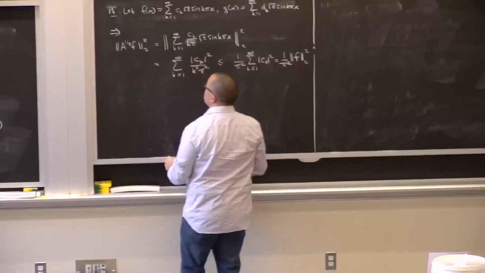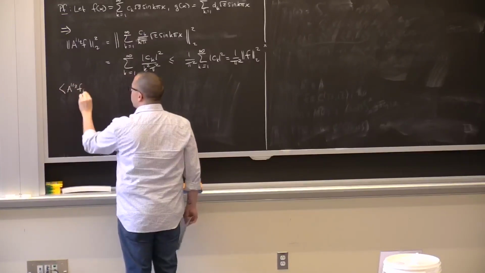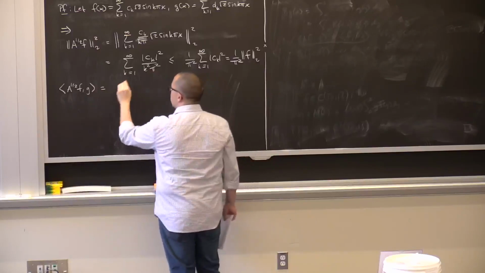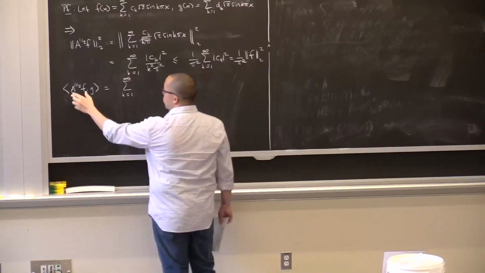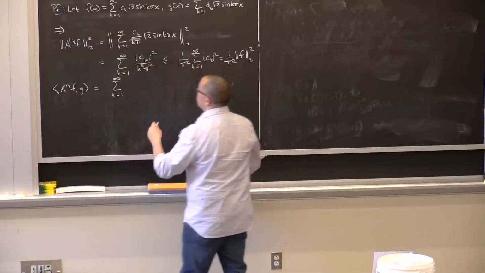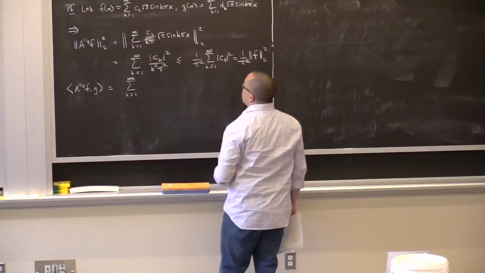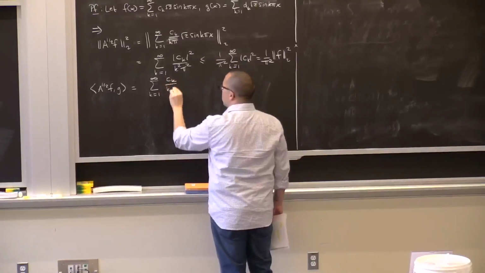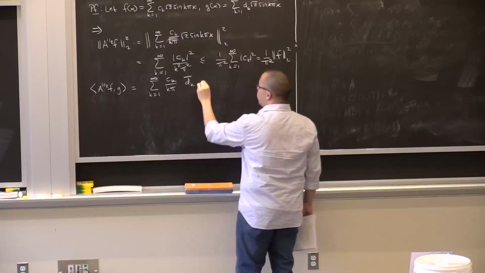What about self-adjointness? I'll take A to the 1/2 f and take its inner product with g. Again, using how these things are defined, and the fact that the inner product between two functions is given by just the little L2 pairing of the coefficients that appear in front of the square root of 2 sine k pi x, this is ck over k pi times dk.